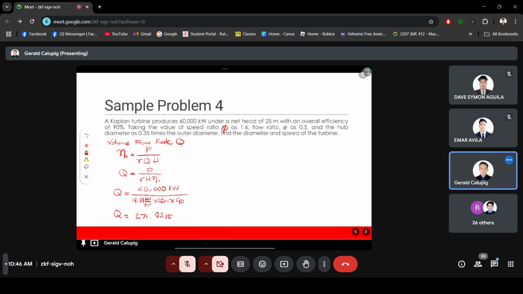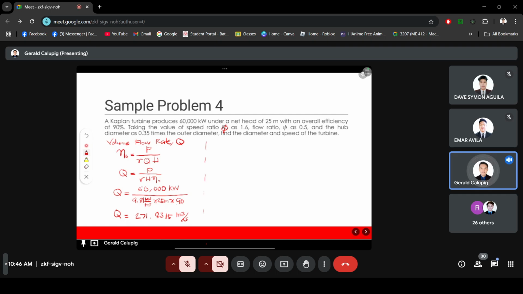Since we already have Q, next we can get the value of U, or we can first get the value of the diameter since we already have the value of Q.